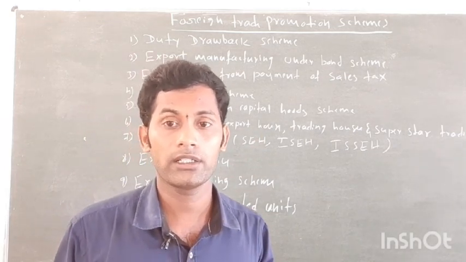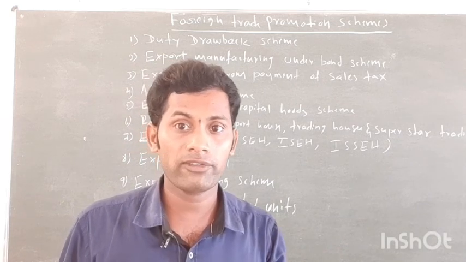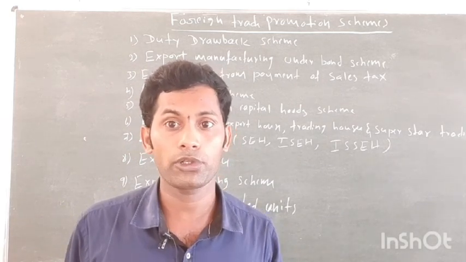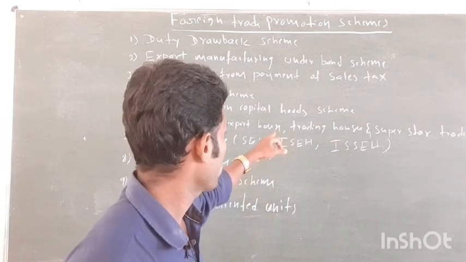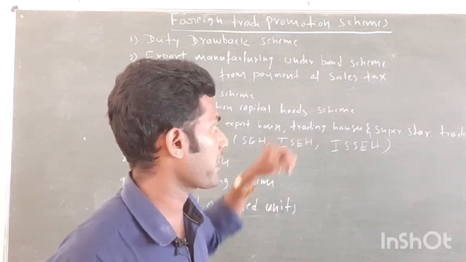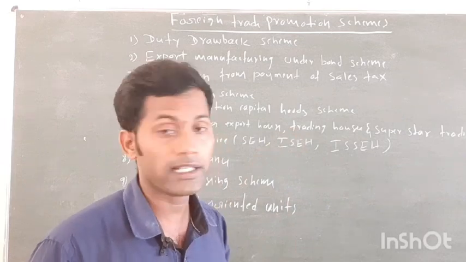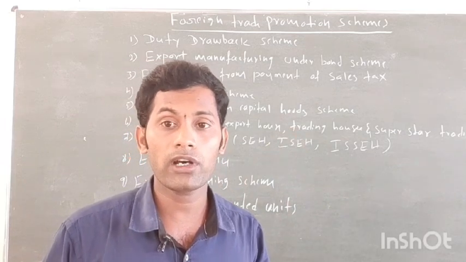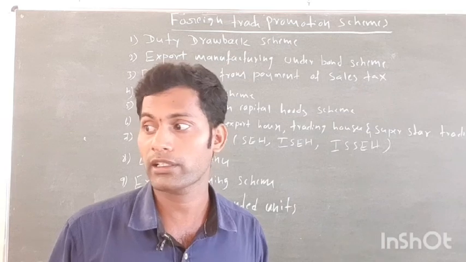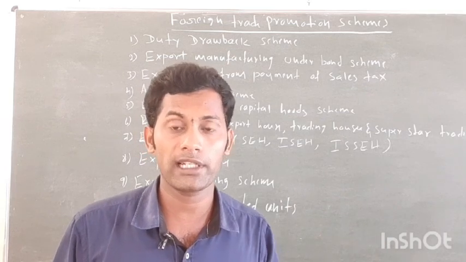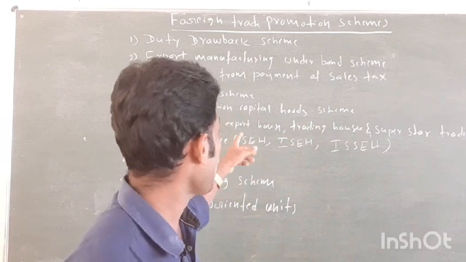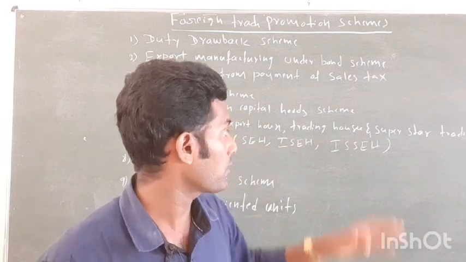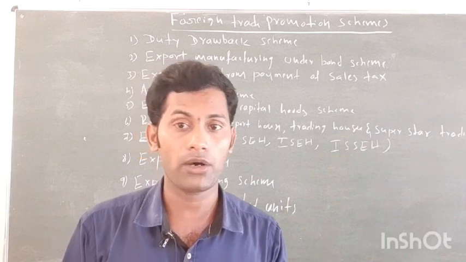In the past years, on the basis of their past experience or average export, they have been recognized and given some name, maybe export house, trading house or superstar trading house. So, they do the work of marketing of products which are going to be exported later. That is the sixth one.